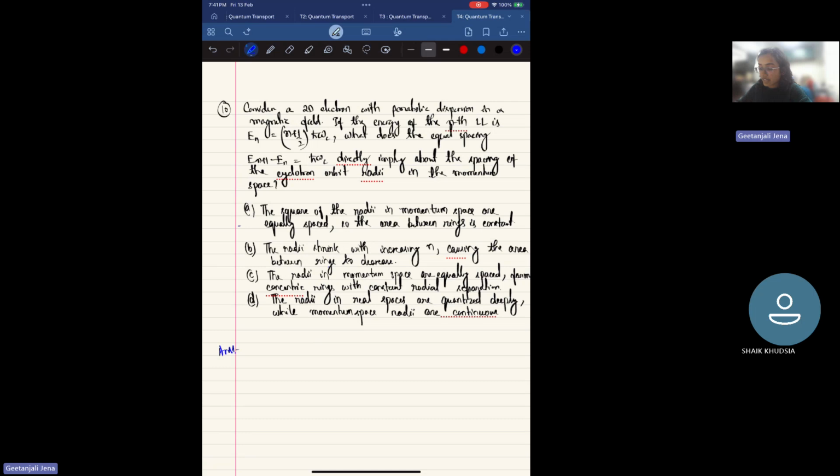Option B, the radii shrink with increasing n, causing the area between rings to decrease. Option C, radii in momentum space are equally spaced, forming concentric rings with constant radial separation. Option D, radii in real space are quantized, while momentum space radii are continuous. So it is basically asking about the quantization condition in real space and in momentum space.